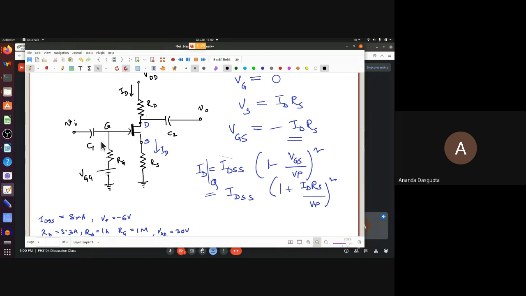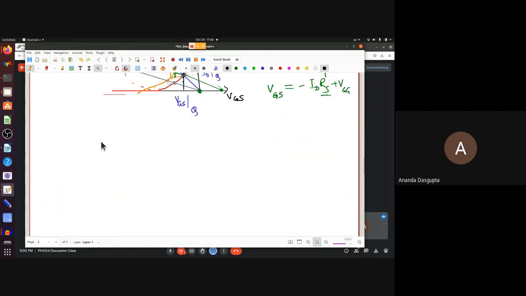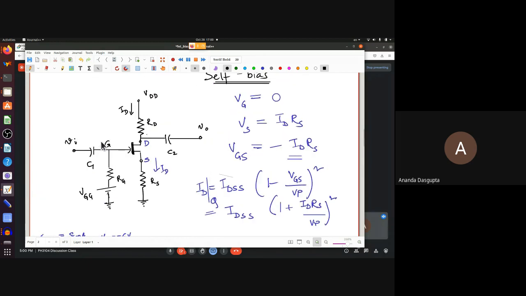If you put a battery here, remember once again, there is no drop across RG. So that would just replace VG by VGG. So this will become plus VGG, VGS. Exactly what we want, a flatter straight line.